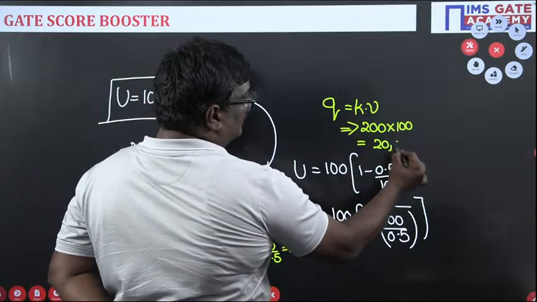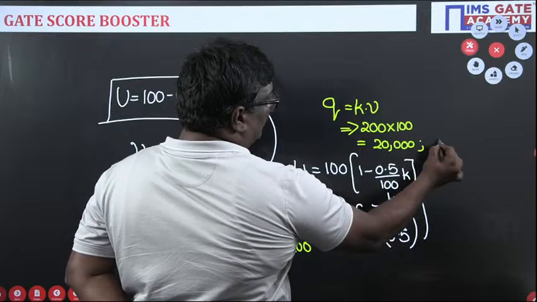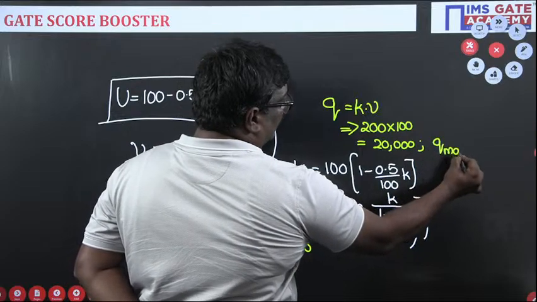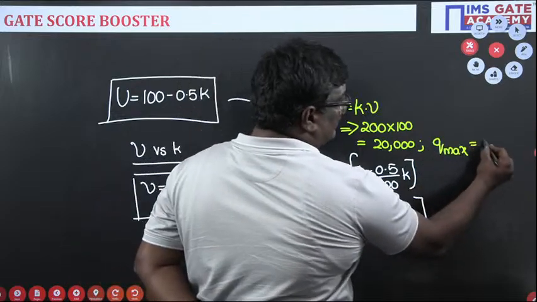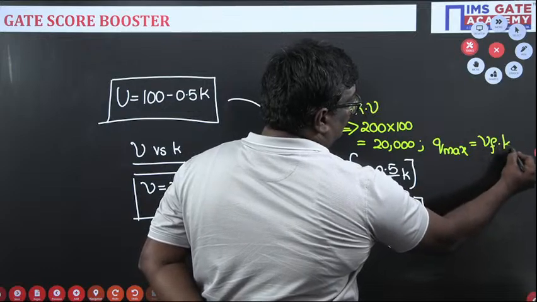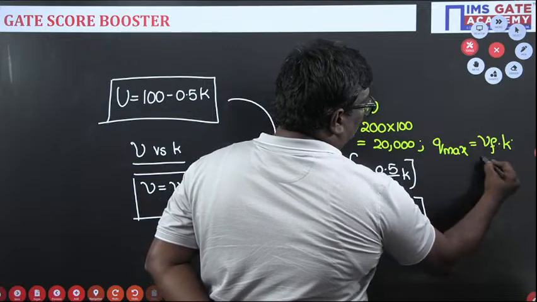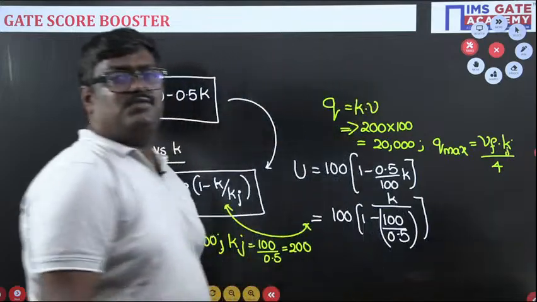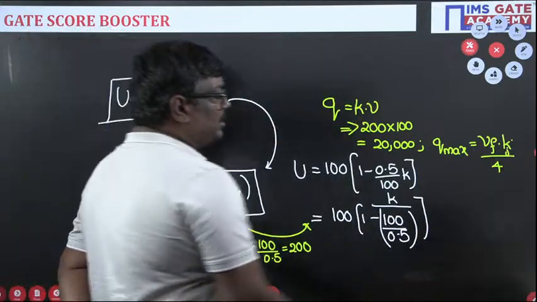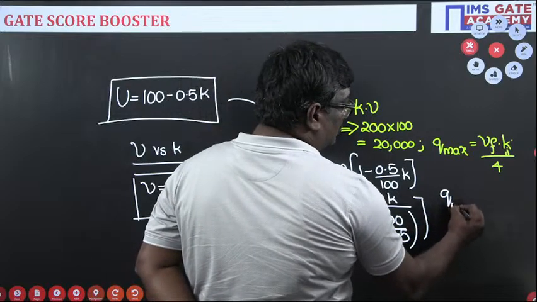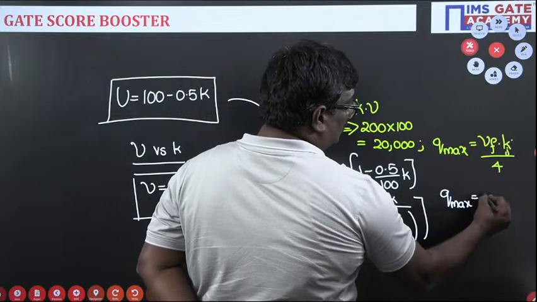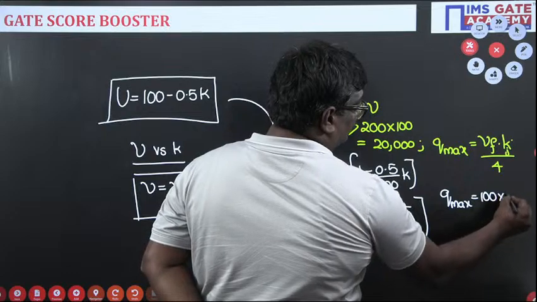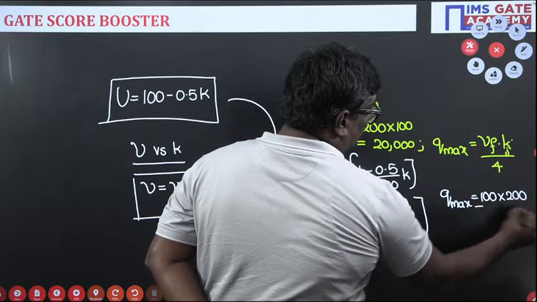Sorry, 20,000. But if they ask you maximum flow, you can write it as Vf into kj upon 4. What is Vf for us, sir? Free flow speed. So here Qmax is equal to 100 into 200 divided by 4.